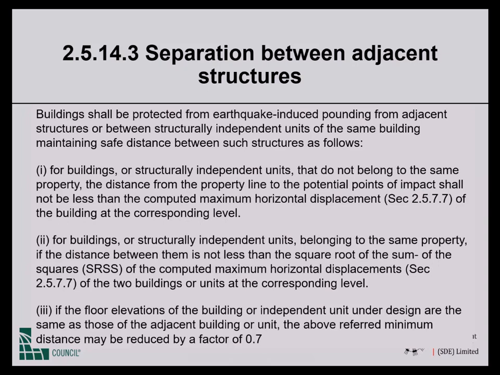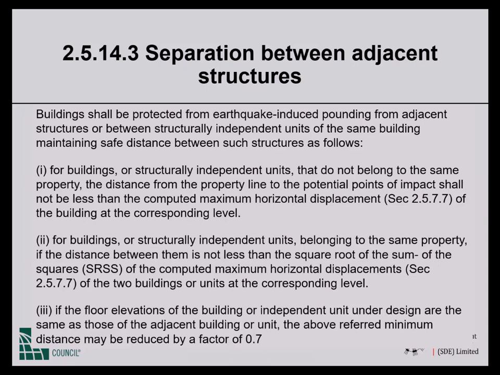If the two buildings belong to the same owner, we would allow a shorter separation distance, which is square root of the sum of the squares of the computed deflections, because now we don't mind the two buildings touching each other, provided the damage is not unacceptable. Okay, so that's what that is, and this is the same as in ASCE 7.